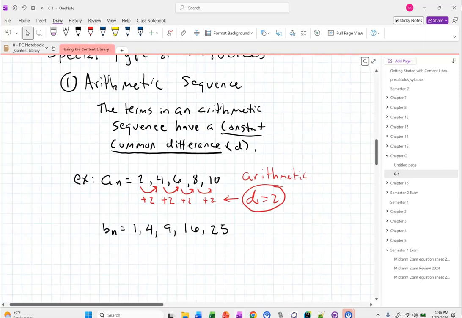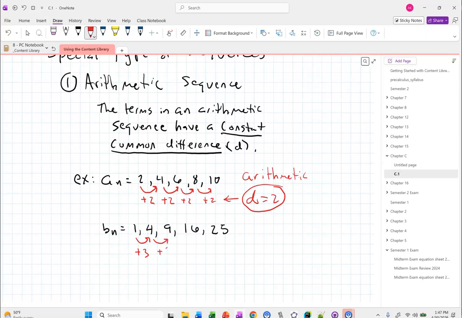Let's look at this next sequence. So this is 1, 4, 9, 16, 25. So if I tried to do the same thing here, what do we notice? Well, there's a pattern, right? But this is not good enough.